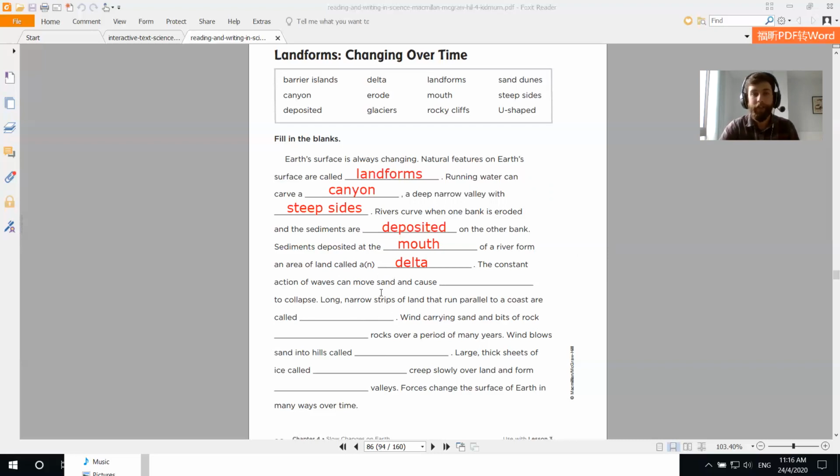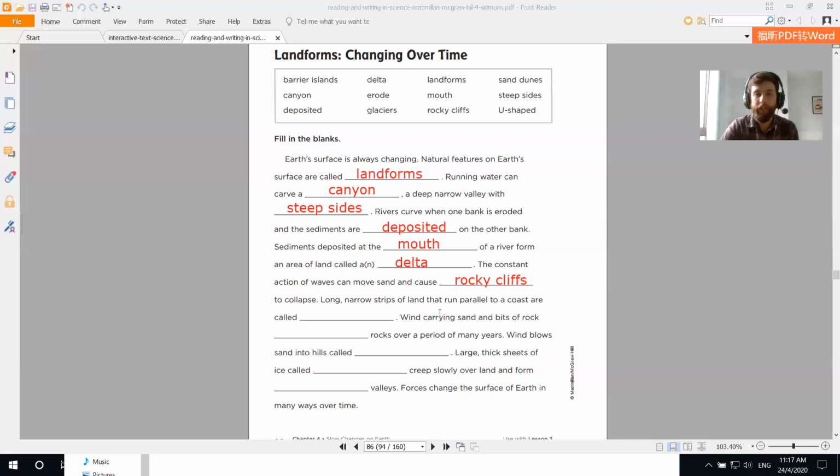Okay. The constant action of waves can move sand and cause rocky cliffs to collapse. Remember the picture in our textbooks with the hole in the rocks? So if the waves crash against there, it will break the rocks and it will all fall.